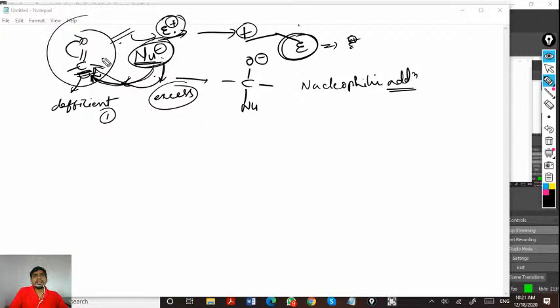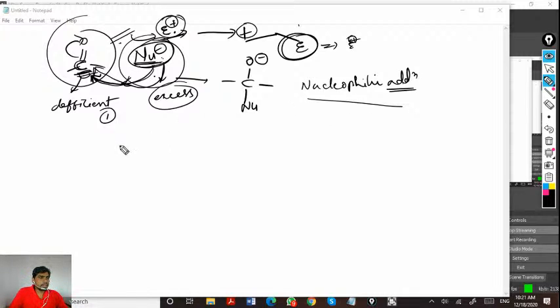So the speed of the reaction depends on these two. If the carbonyl carbon is more electron deficient, the reactivity increases. If the nucleophilicity of the nucleophile is more, then also the reactivity of the nucleophilic addition increases.